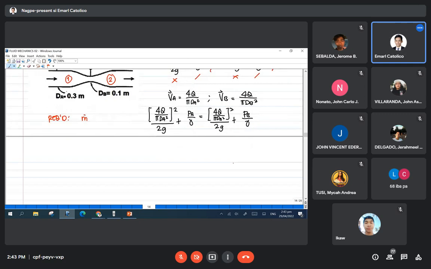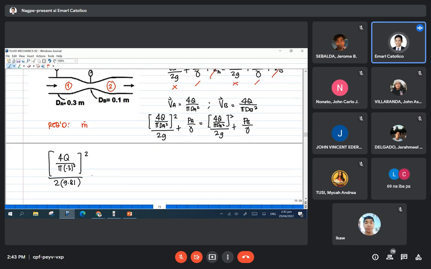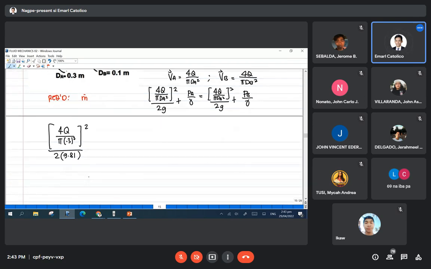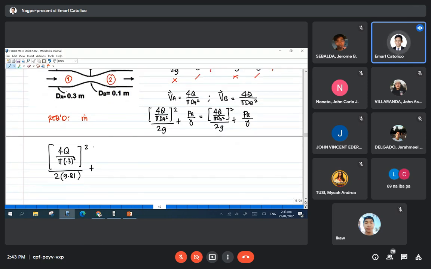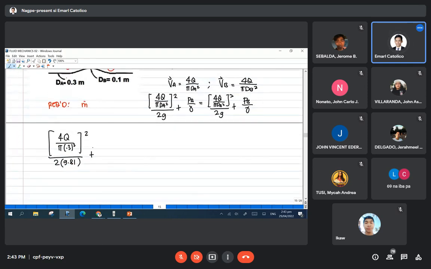So, therefore, 4Q over pi, diameter at A natin is 0.3, 0.3 squared, then squared divided by 2 times 9.81. So, unit-wise naman to, kahit hindi mo na isulat ang units. Plus, pressure at A is 200 over gamma.